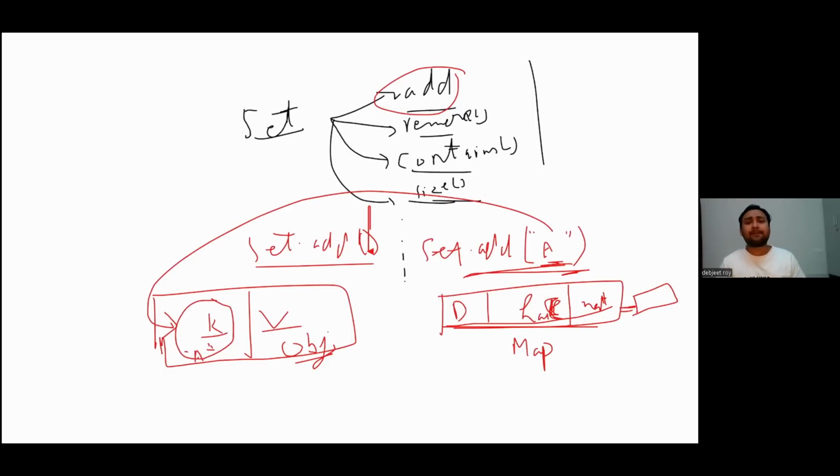And for remove, what will happen? We pass which element we want to remove from the hash map, because a set internally uses a hash map only. Once you remove the element, it will go inside the map and check whether that element, the key part, is present or not. Because whenever you add any element into the set, it goes in as a key, right?